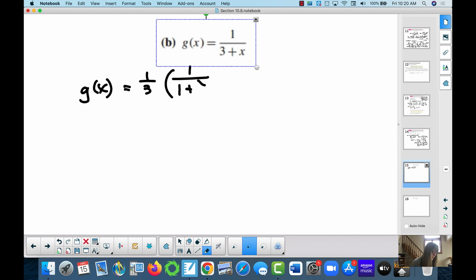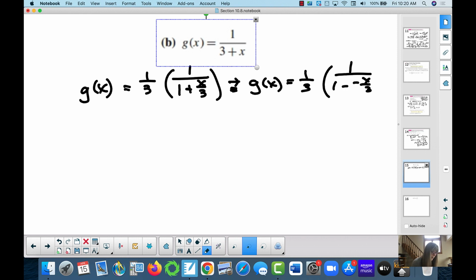And then x times 1/3 is x over 3. This is a plus, so I still don't have it completely in the right form. I need to change it to 1 minus negative x over 3. So that tells me that I can replace x from that original series with negative x over 3.